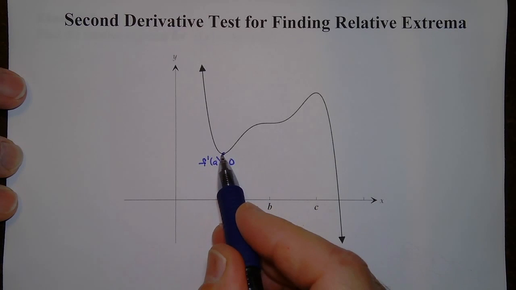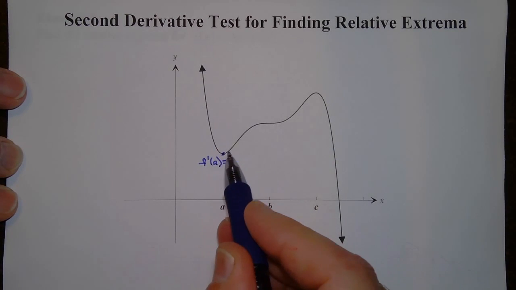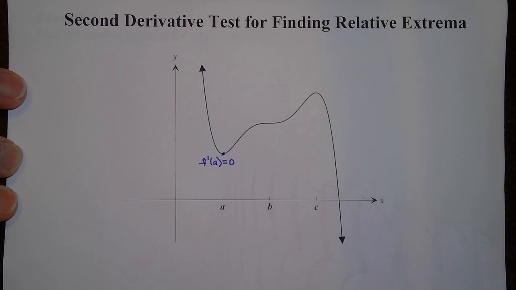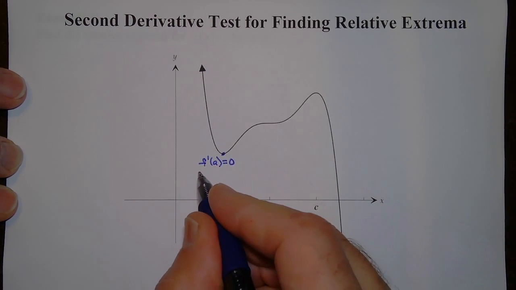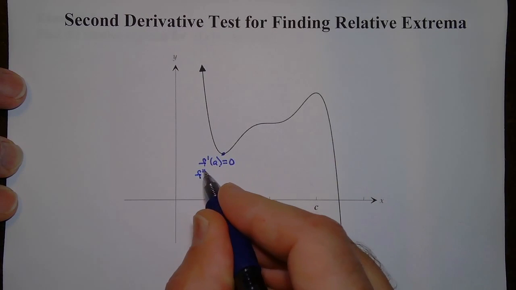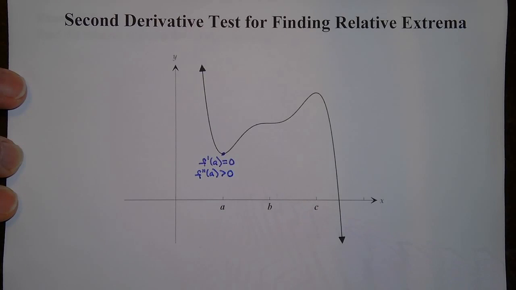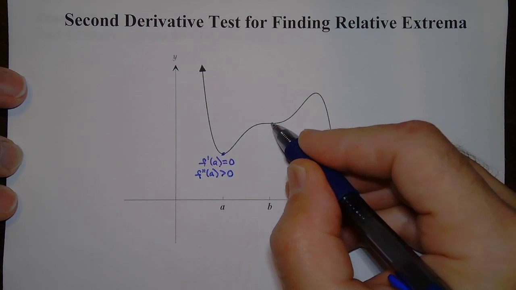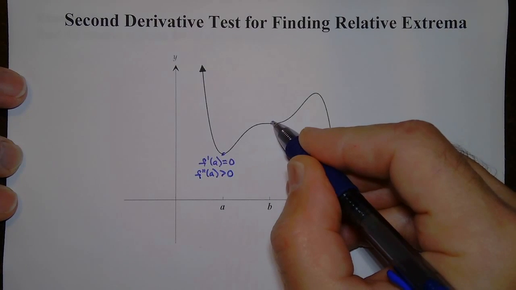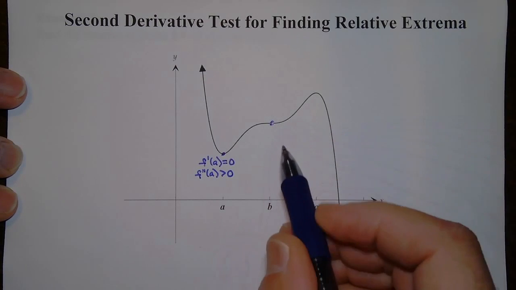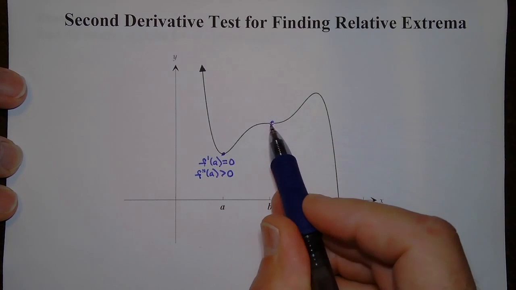And that point is in some interval in which the graph is concave up. So that would mean f double prime of A is greater than 0, okay? Then looking at this point B on the function, once again there's a horizontal tangent there.